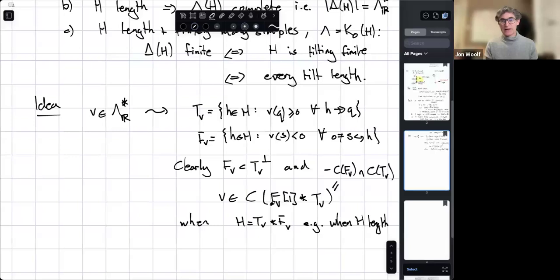So although the tilt itself, so this heart depends on the ambient triangulated category, and in an important way, the heart cone of it only depends on F_v and T_v, and they only depend on H. So that's why it doesn't matter what your ambient triangulated category is. It only depends on this torsion pair. So that gives you the independence of D.